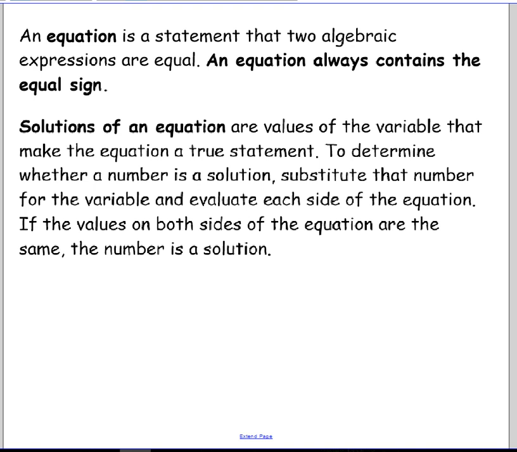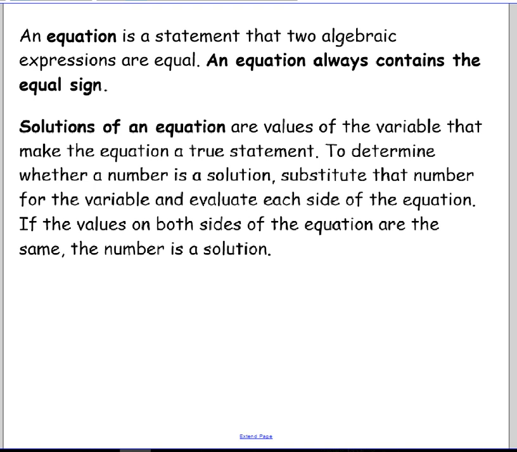So now an equation is a statement that two algebraic expressions are equal. An expression, it's just express yourself. There's no equal sign, where an equation has the equal sign. Solutions of an equation are values of the variable that make an equation a true statement.